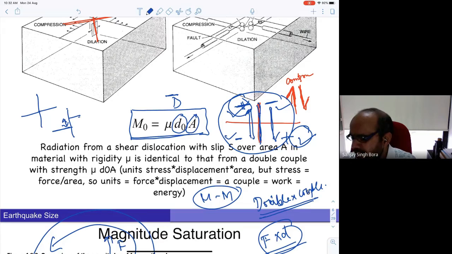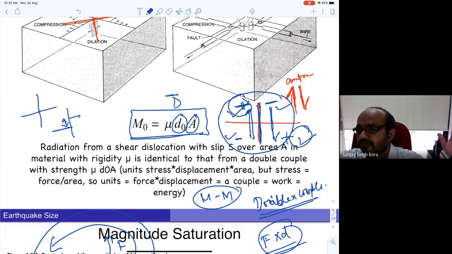That means M0 gives you an idea of how much average displacement has occurred on the actual fault, on the place where your earthquake has occurred. It is also proportional to the size of the fault, how big the area is. So it is multiplied with the area multiplied with the displacement.